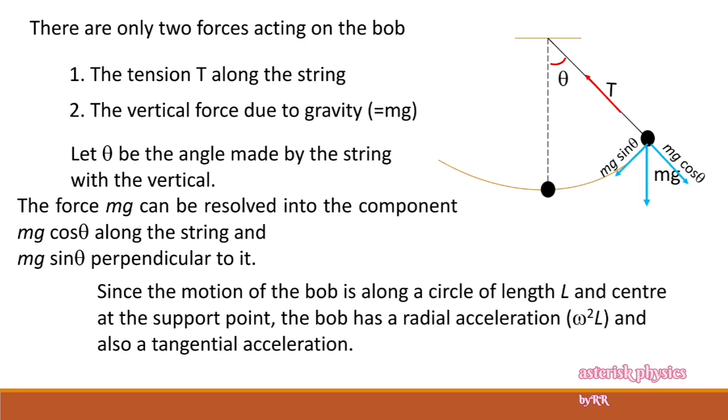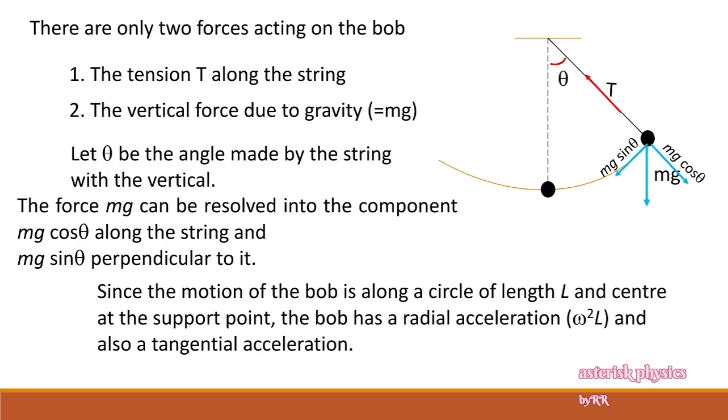And it will also have a tangential acceleration because the bob moves with different velocities. If you perform the experiment, you can see that the bob moves with greater velocity when it passes through the mean position, and at the extreme position the velocity is zero. So the linear velocity of the bob is different at different points, so the bob has a tangential acceleration also.